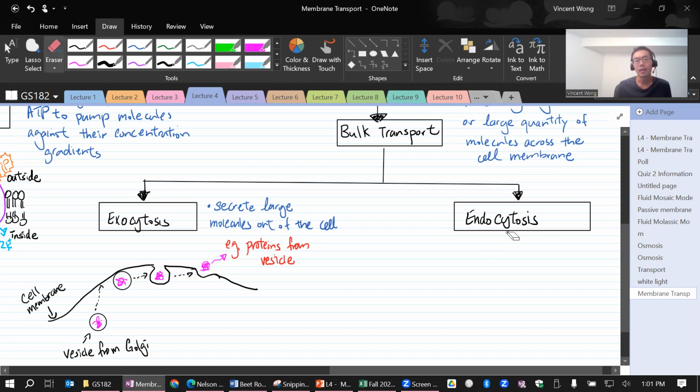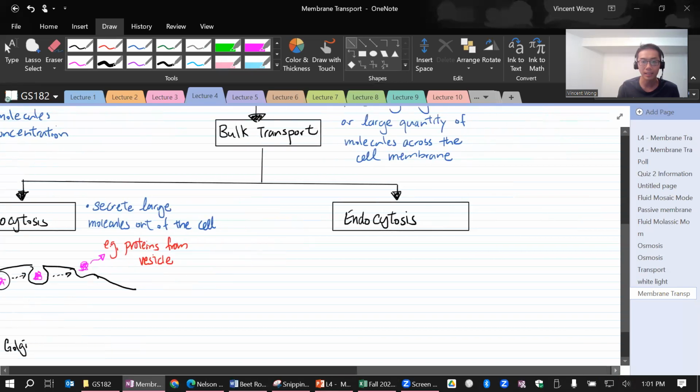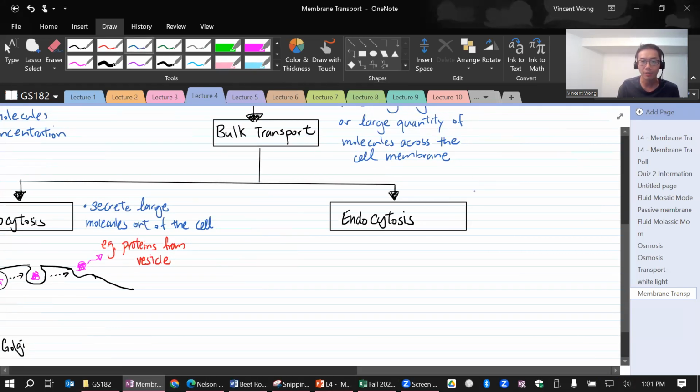That's right, RJ. Endocytosis. Now, there are 3 kinds of endocytosis depending on what you're bringing in. But let's write the definition for endocytosis first. Instead of secreting large molecules out of the cell, we are bringing in large molecules into the cell.